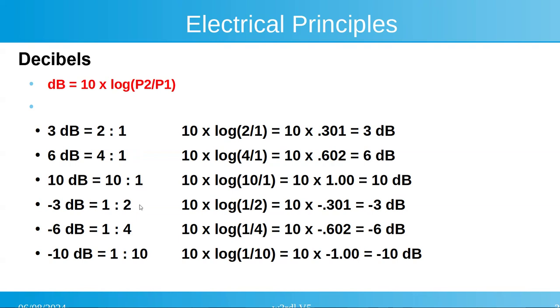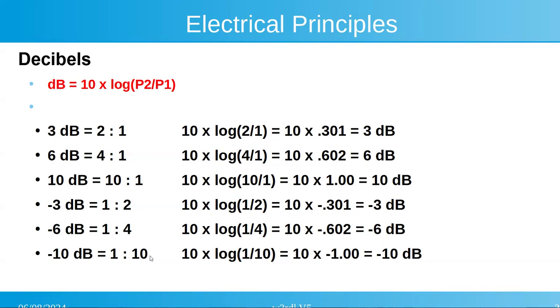When we go the opposite direction, a ratio of 1 to 2, or 1/2, is going to be minus 3 dB. A ratio of a quarter is going to be minus 6. And a ratio of a tenth is going to be minus 10.